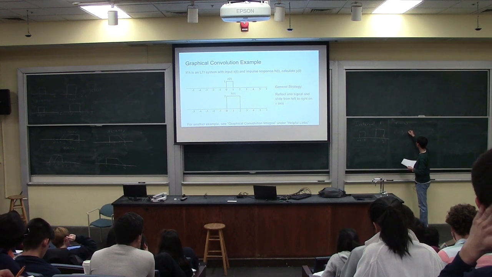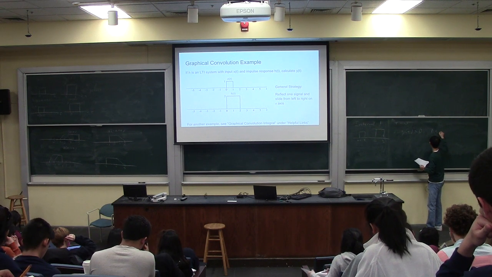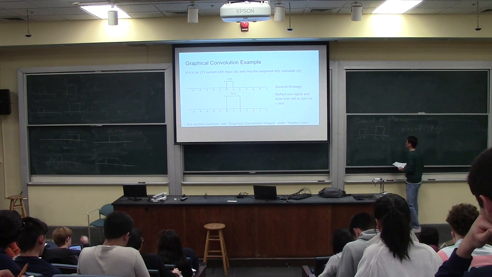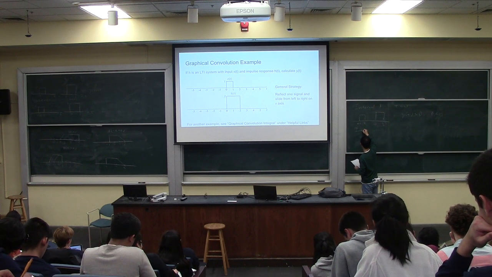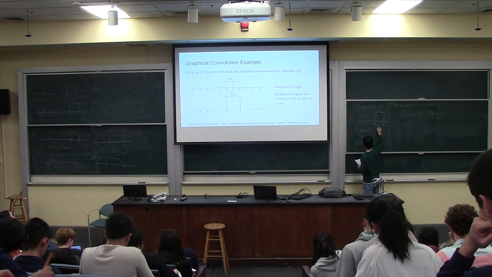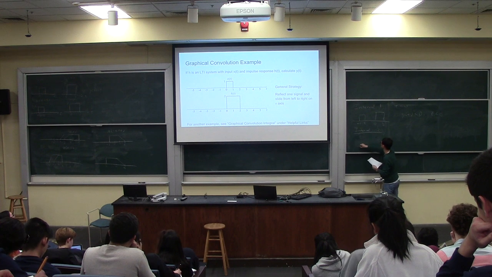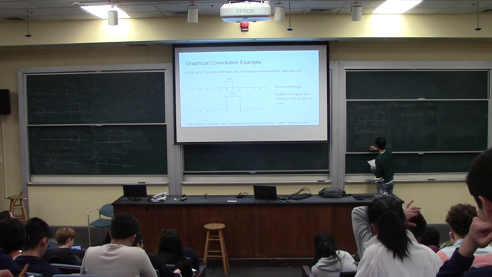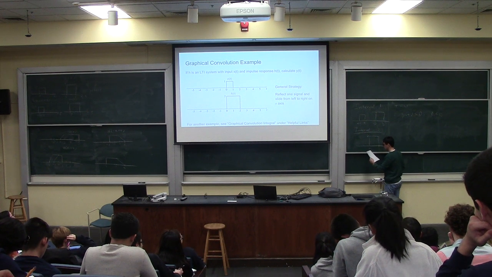So that means that y of t is just equal to 0 for t less than 0. Moving on to interval 2. We're going to consider this picture. Our h of tau still hasn't moved because we're only moving the x of t minus tau.